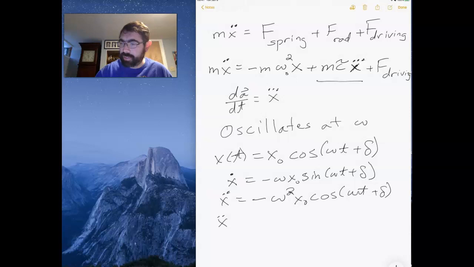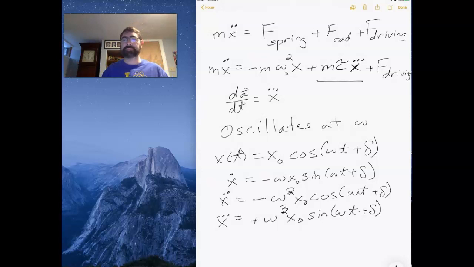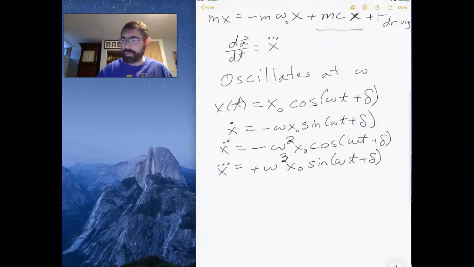And then the triple derivative, the third order derivative, would be plus omega cubed x naught sine omega t plus delta.